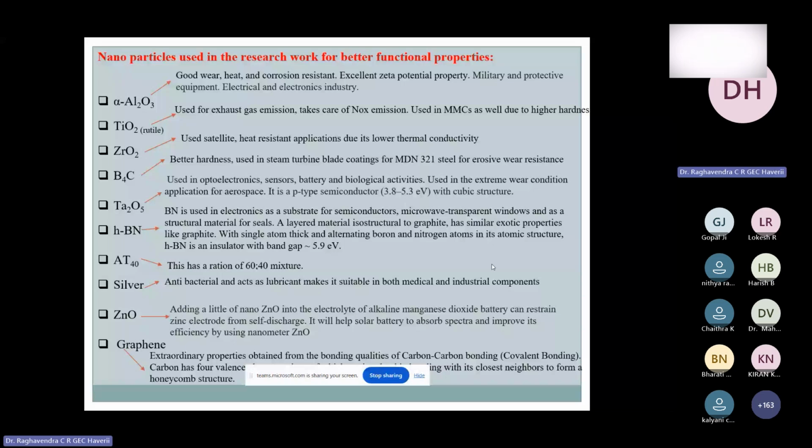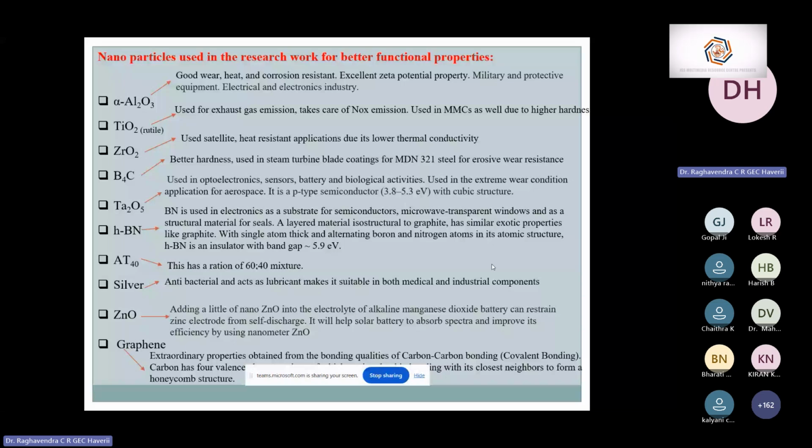Then the 8040 is an aluminum and titanium mixture, which has been mixed in the 60-40 range, and it is being used. And then silver and titanium oxide: these two are the most used biomedical application nanomaterials because of their antibacterial properties, and they act as a lubricant, which makes them suitable in both medical as well as industrial applications.